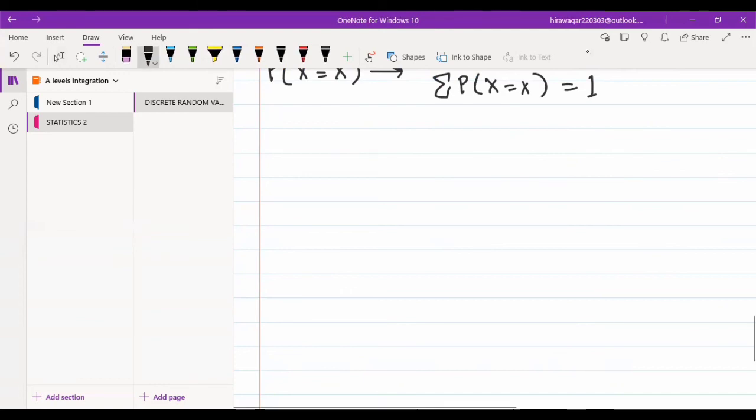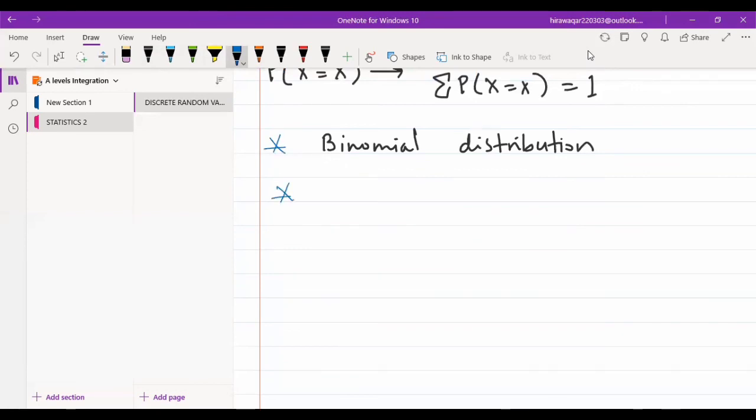In binomial distribution, the way of writing is a little bit different. But before moving towards the binomial distribution, we are going to see that the value z is basically the standard value. Z is the standard value of anything.